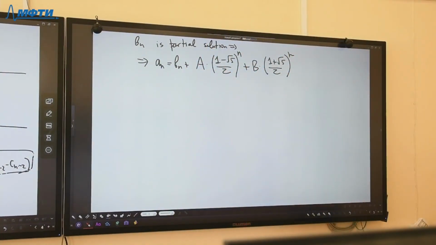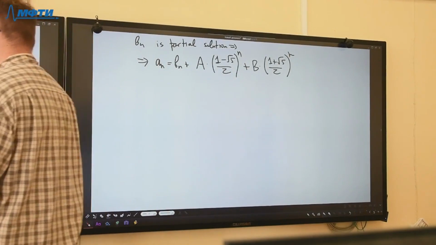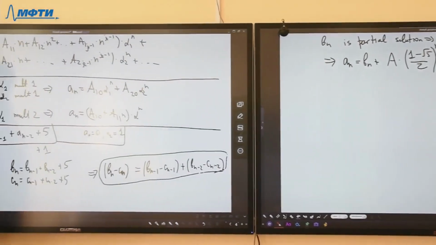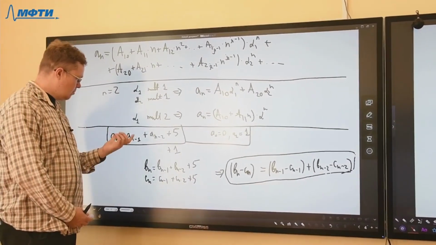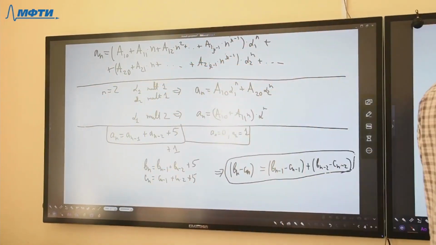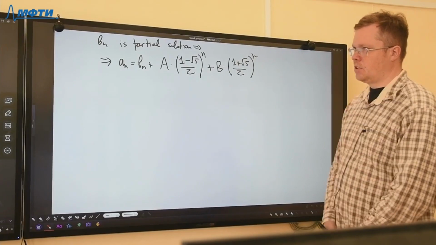So if we want to find a partial solution, we can just use some easy type of sequence satisfying this recurrence.